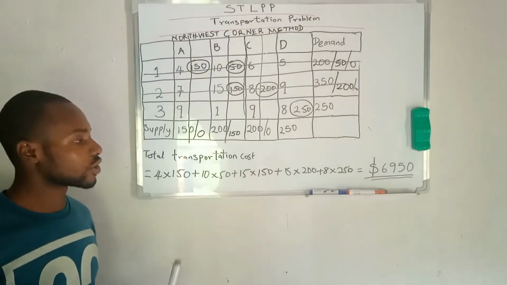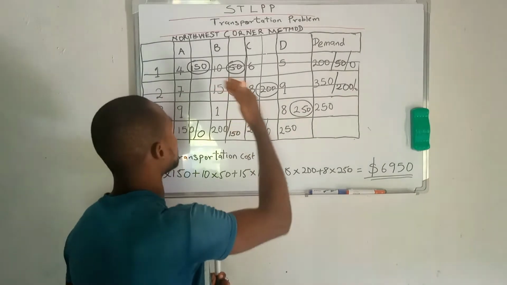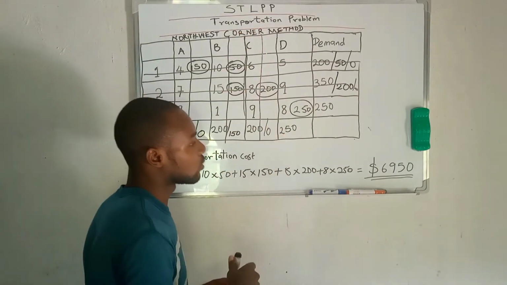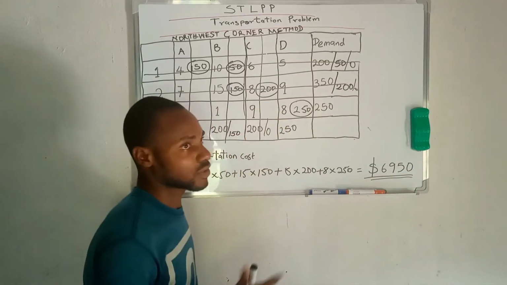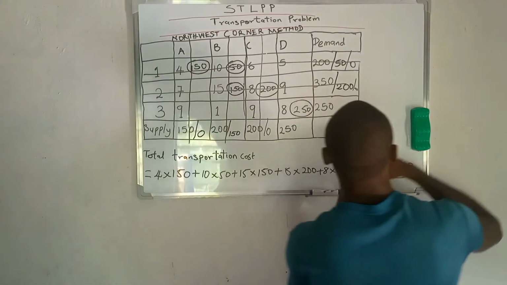The total transportation cost transporting all these goods using the northwest corner method will give us $6,950. So I'm going to write the solution that we got up here.